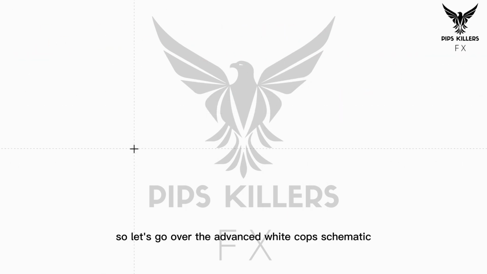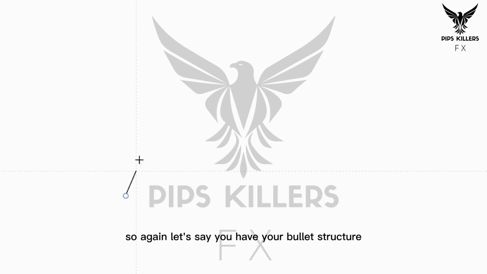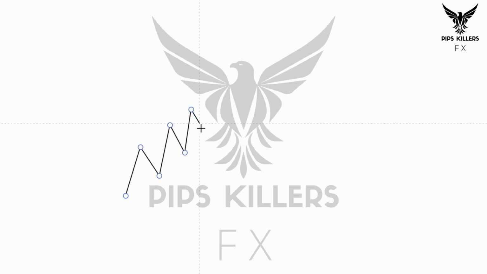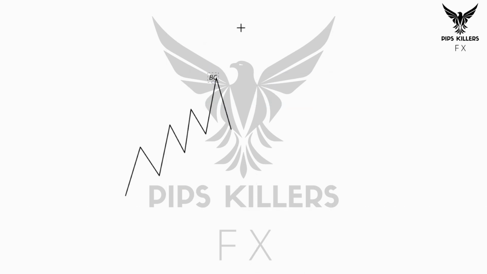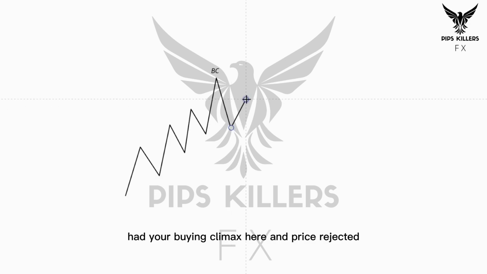So let's go over the advanced Wyckoff schematic. So again, let's say you have your bullish structure and you had your climax. Had your buying climax here and price rejected.